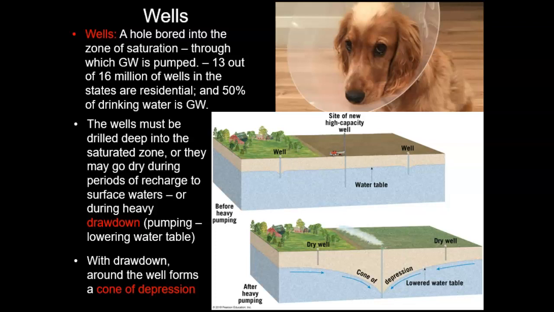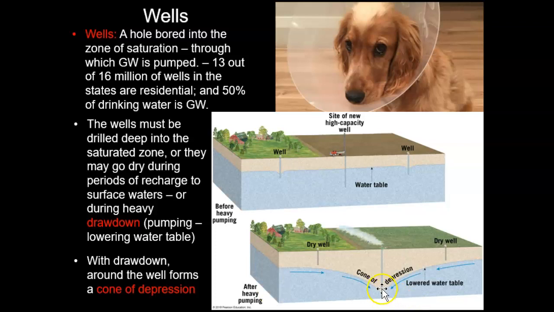So when we pump water out of the wells, we are typically lowering the water table around the well area. This effect is called drawdown. And this drawdown will decrease with increasing distance. So overall, this is going to result in a depression of the water table near the well, as you're seeing in this case.